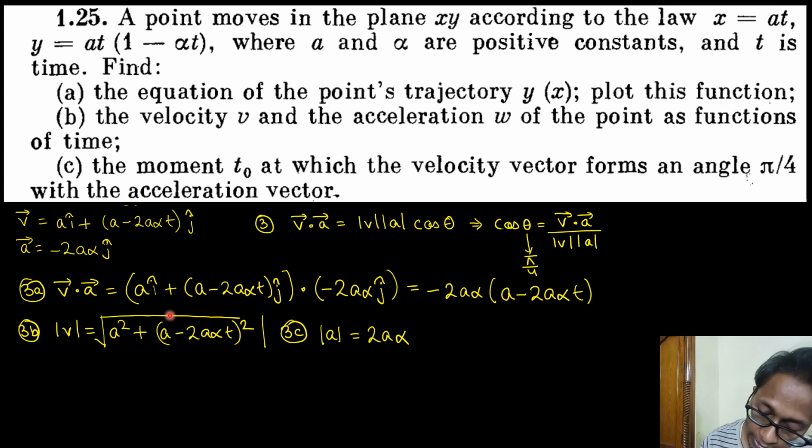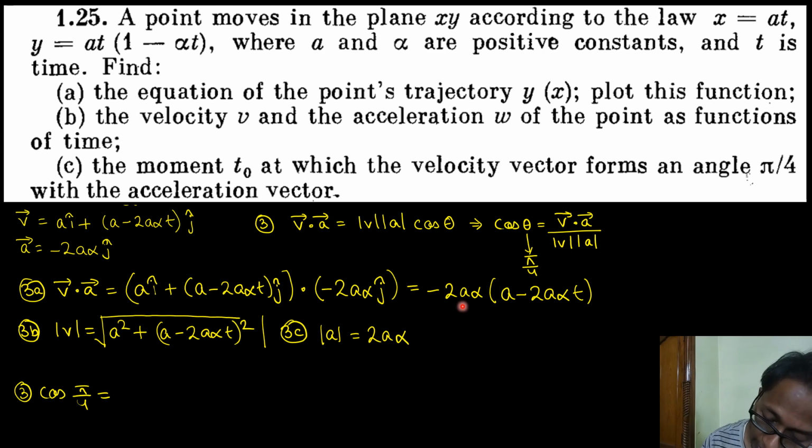So when you substitute these values, this value, this value, and this value into this equation, what do we get? So let's pull this equation out here. Okay, so cos theta or cos pi by 4 is equal to v dot a. What is v dot a?